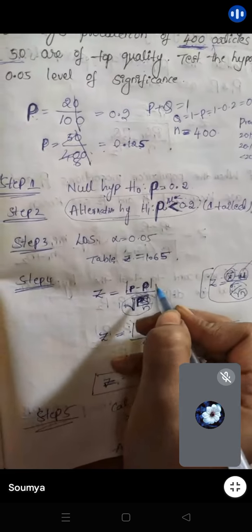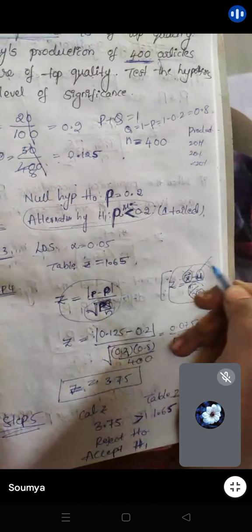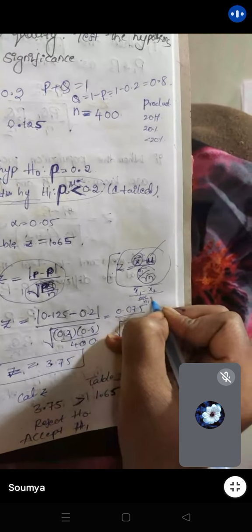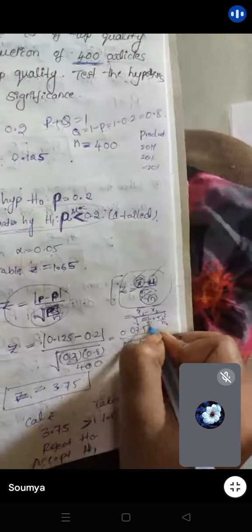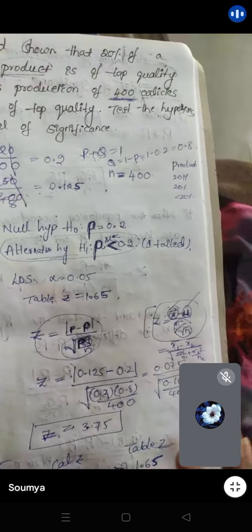So for the same also we have this formula. For double mean also we have x1 bar minus x2 bar by root of sigma1 square by n1 plus sigma2 square by n2. Yesterday we solved this type of problem. Yesterday means Saturday.